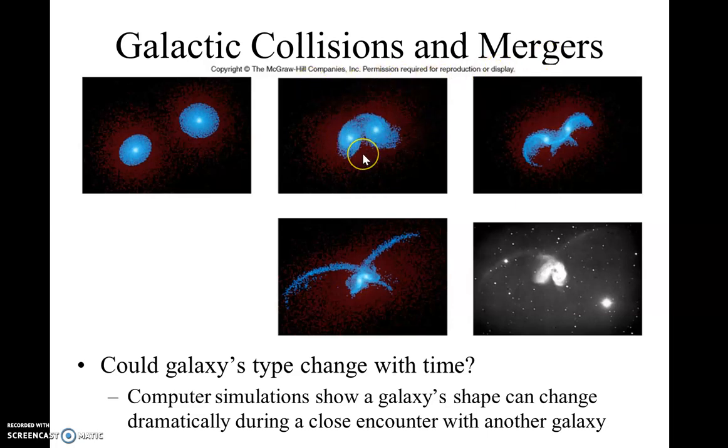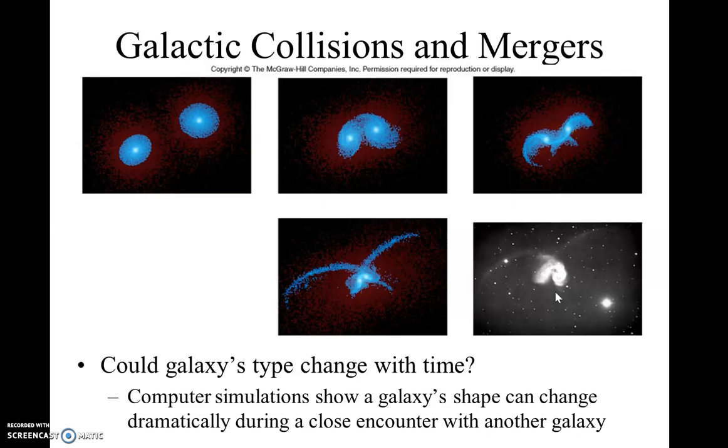So galaxies can actually collide with each other, and in fact, we know that this actually happens when you look out into the universe. This picture here is just a simulation of two galaxies, and this picture at the bottom right is an actual picture of two galaxies that have merged.